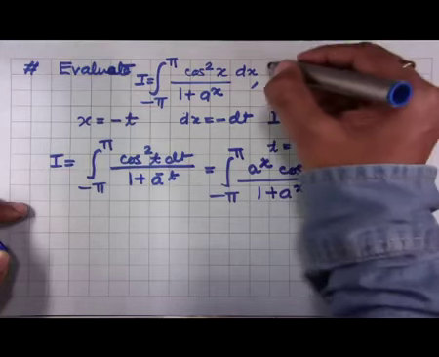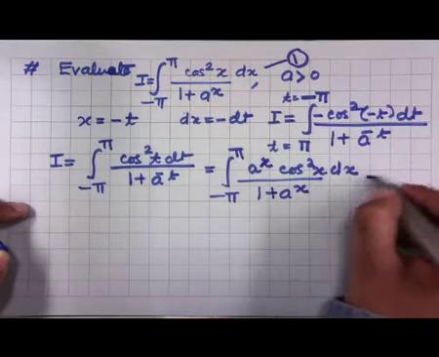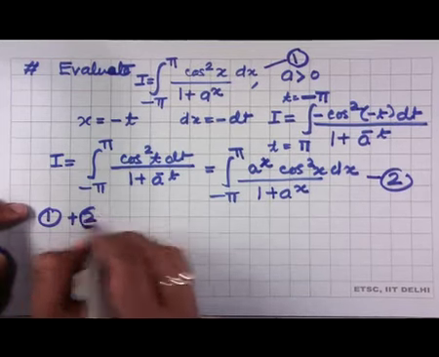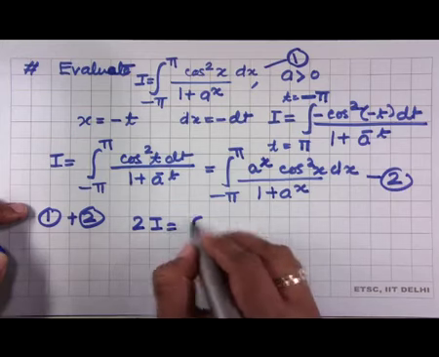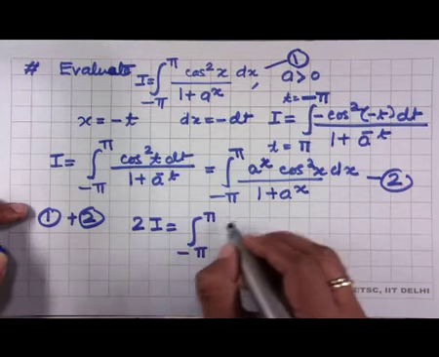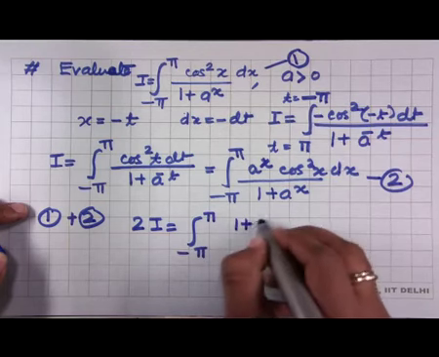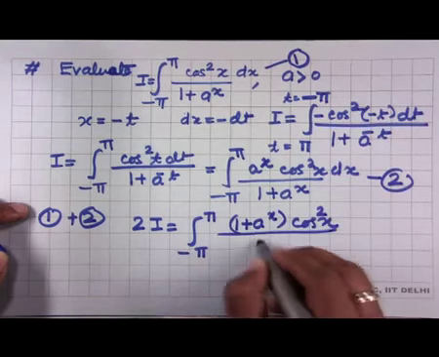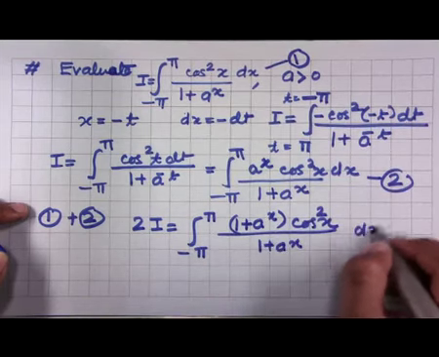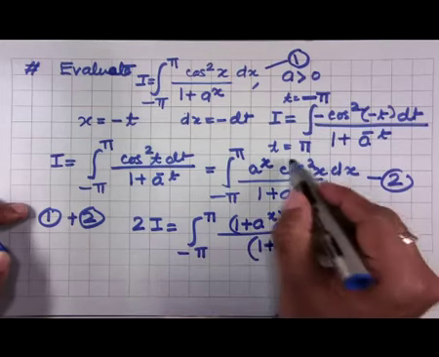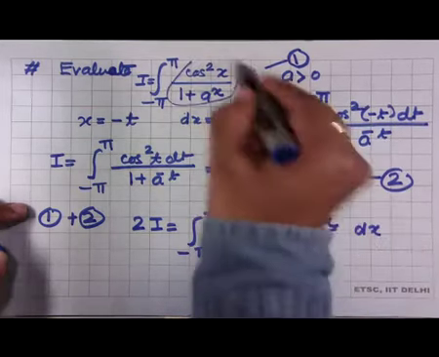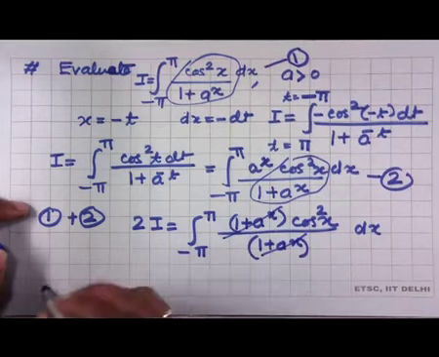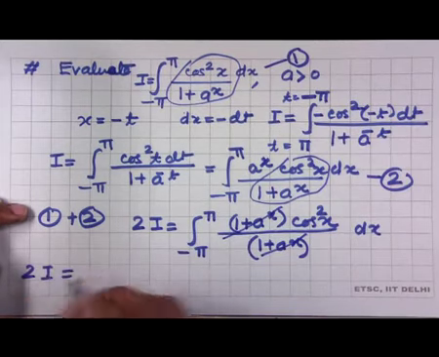Now if you add equation 1 and 2, you get 2I is equal to the integral from minus pi to pi of cos square x by... a to the power x dx. So this was common, so you get 1 plus a to the power x in the numerator also, so it gets cancelled, and you can see that you got a very simple integration.